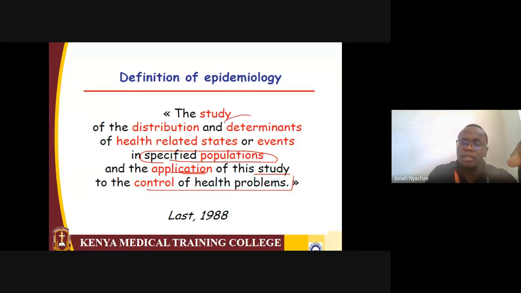So we have dwelt much on what we mean by determinants and what we mean by distribution. Distribution we have talked about as to describe, and determinants, we have talked about the risk factors.